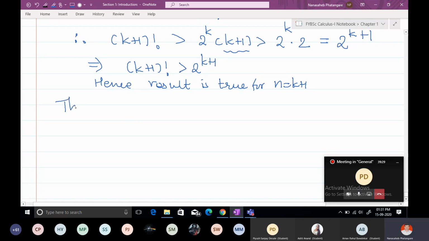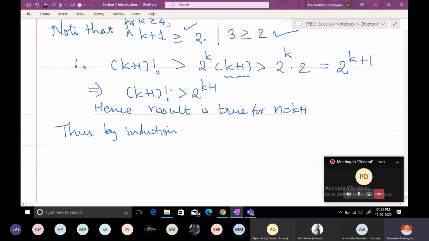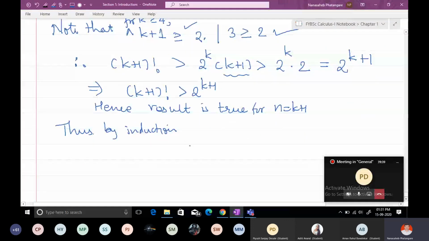Hence, thus, by induction hypothesis, by induction, because all the steps of induction work here, by induction we can declare that n factorial is greater than 2 raised to n for all natural numbers greater than or equal to 4. Certainly it is true. Now we can believe that this is true for all natural numbers which are greater than or equal to 4.